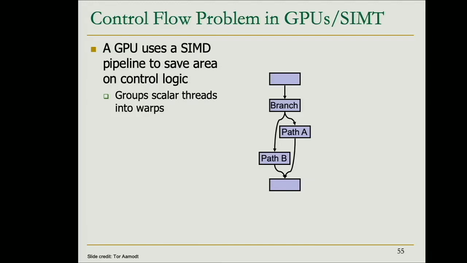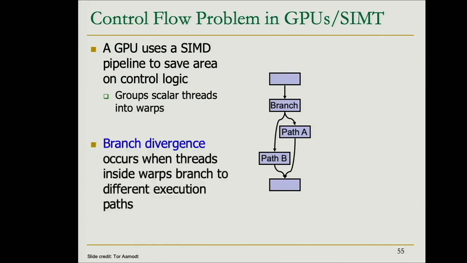You have a clear example here: a branch and two different paths, A and B. Depending on, for example, the value of data read from memory, or depending on the index of the specific thread, we will go through path A or path B. And the problem here is that this produces branch divergence, and branch divergence translates into warp divergence, intra-warp divergence.